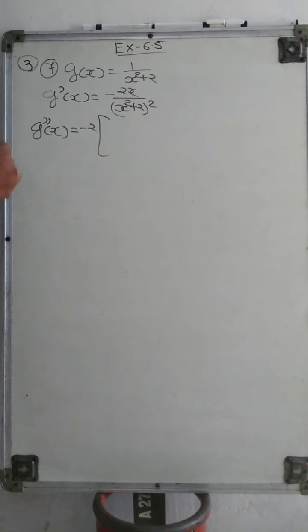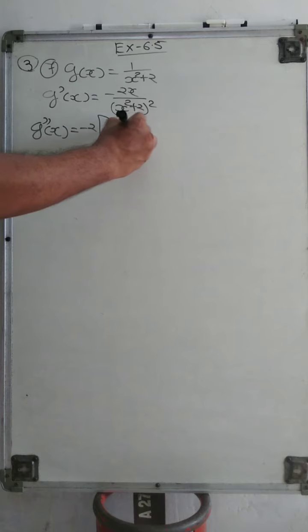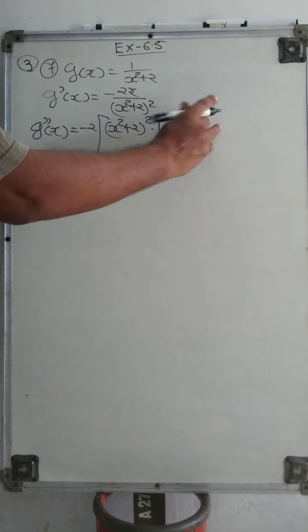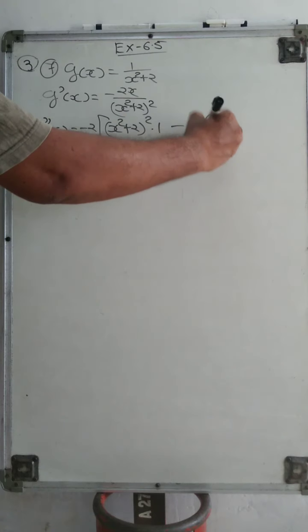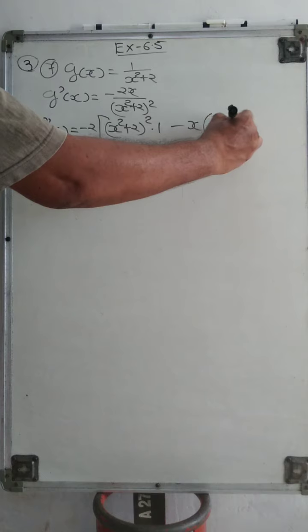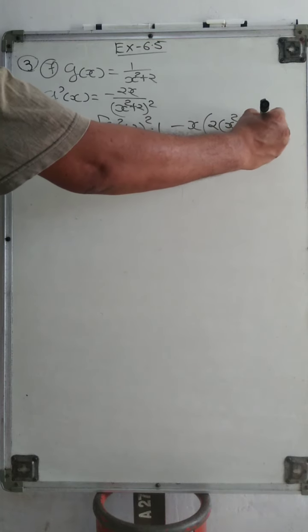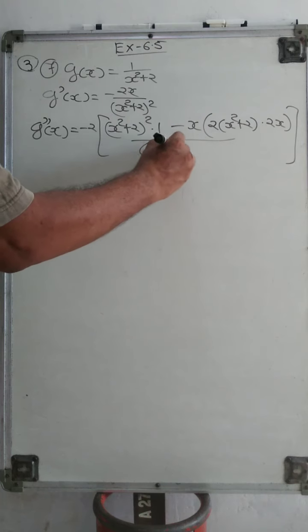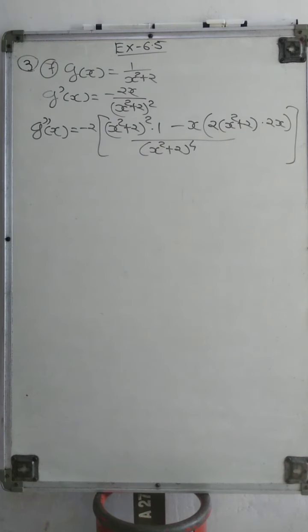G double dash x: denominator as it is, derivative of numerator minus numerator as it is, derivative of denominator is 2(x square plus 2) into 2x upon denominator square, (x square plus 2) raised to 4, right? And now we just simplify it.